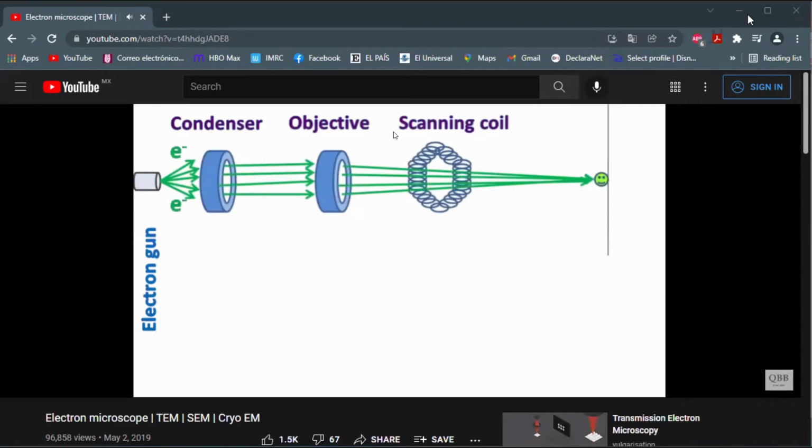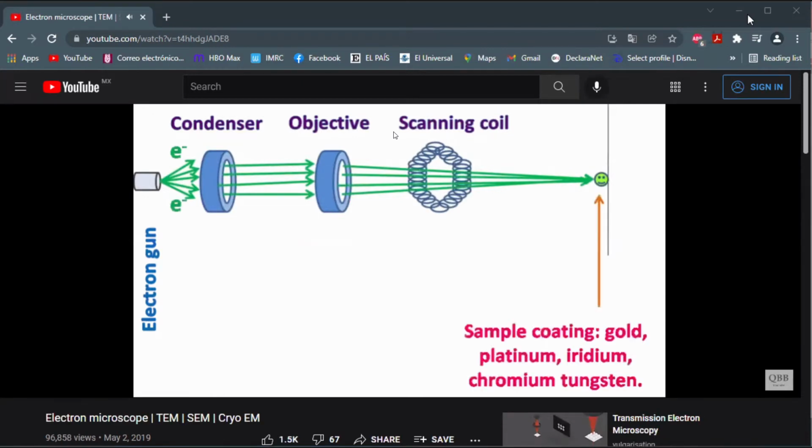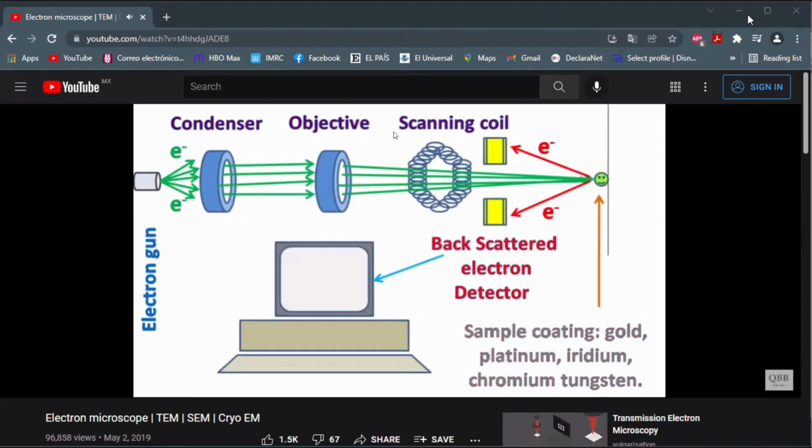The scanning coil usually scans the electron beam in X and Y direction. The specimen is coated with heavy metals like gold, platinum, iridium, chromium, and tungsten. The presence of these heavy metals on the surface allows the electrons to be scattered. The scattered electrons are detected by an electron detector, and finally information about the surface of the specimen is obtained on the computer.